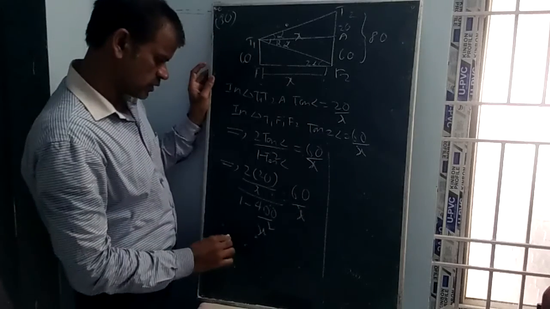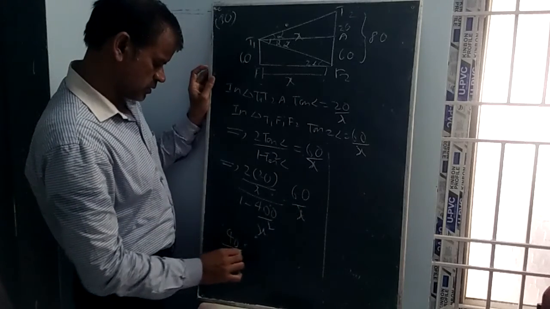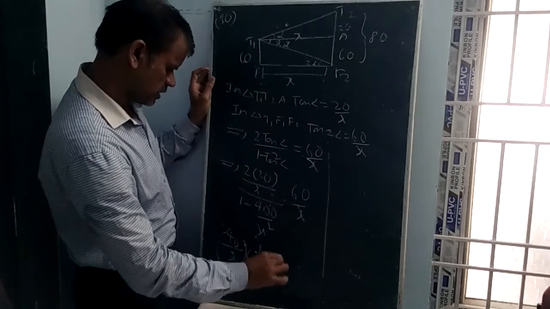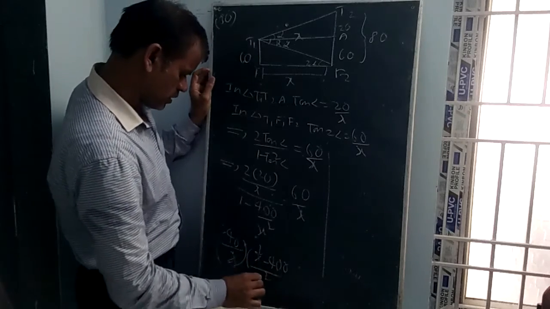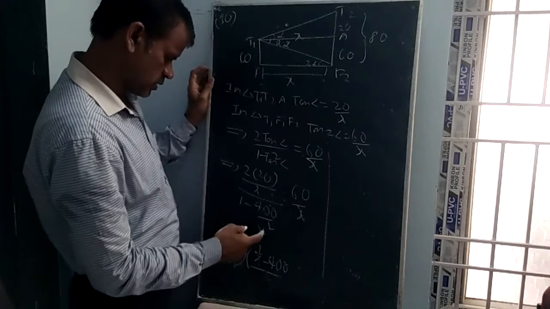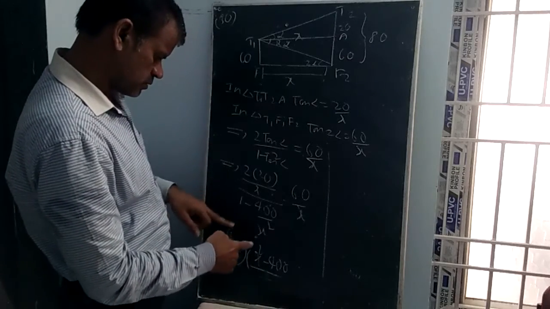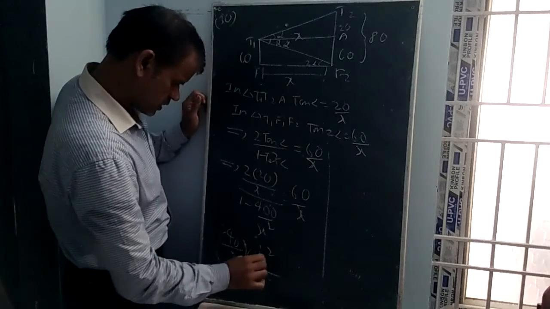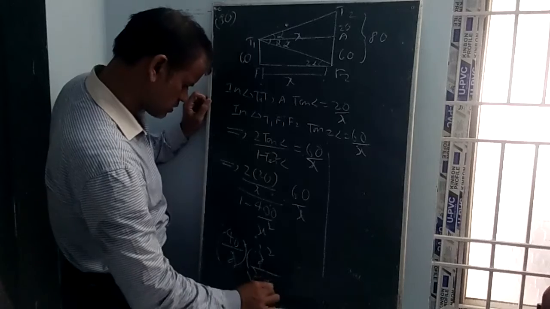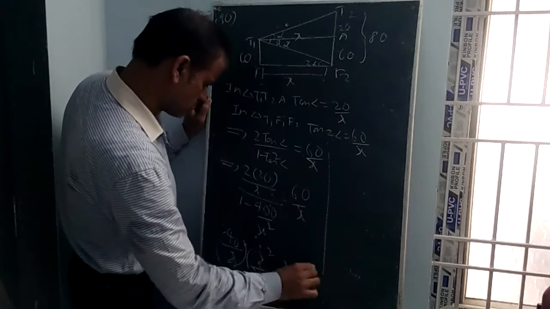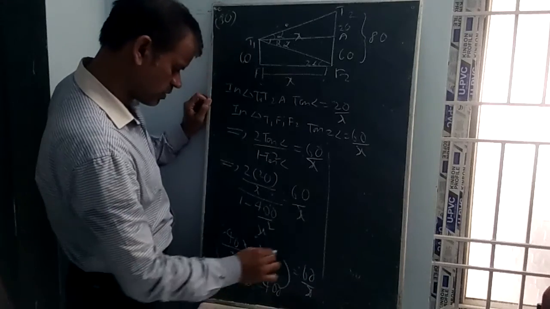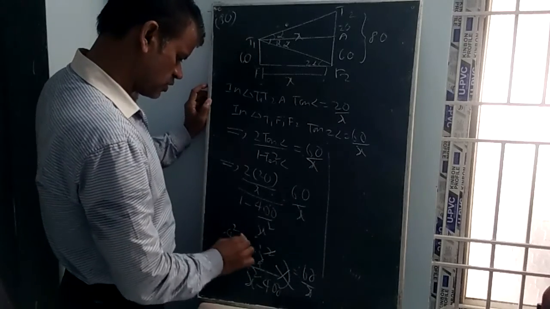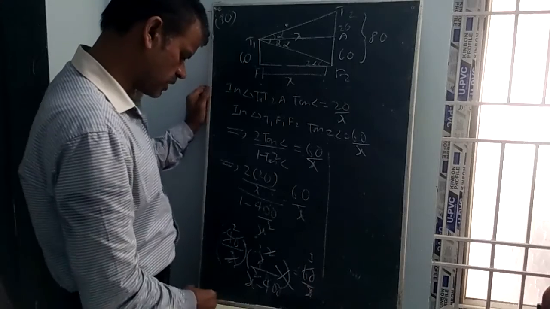Now here 40 by x into, taking LCM, x square minus 400, whole by x square, the x square gets cancelled. So x square by x square minus 400 is equal to 60 by x. This x gets cancelled and taking cross multiplication, 2 times 3 times 20 gets cancelled.